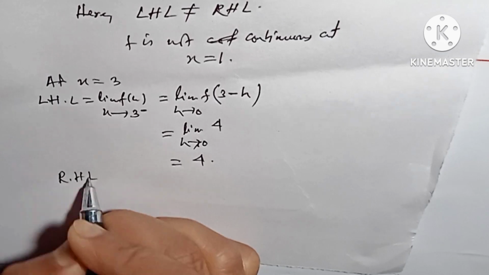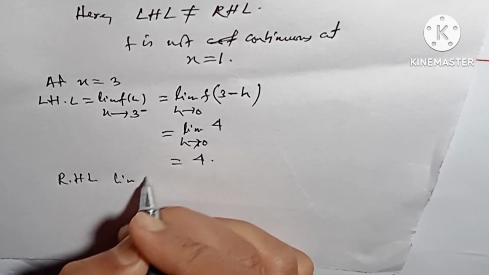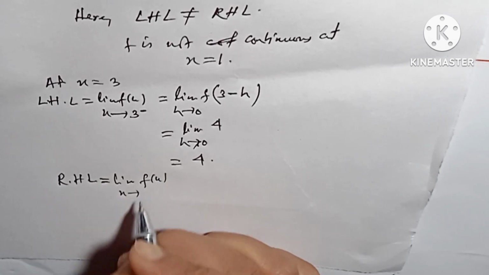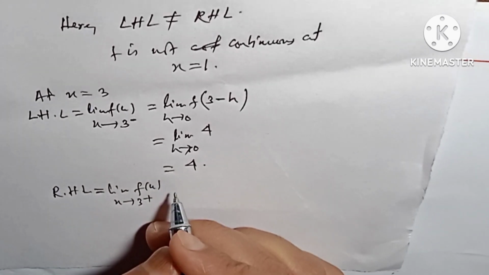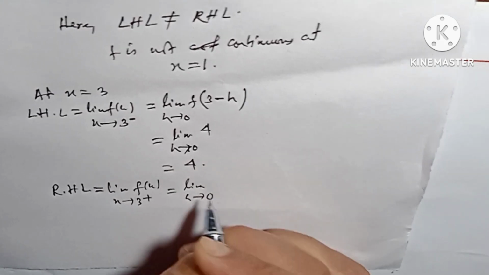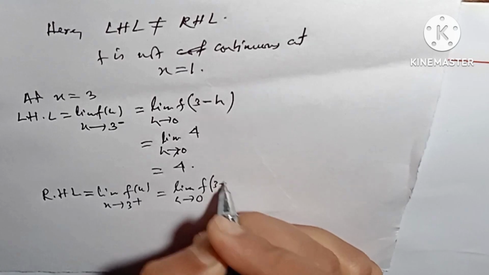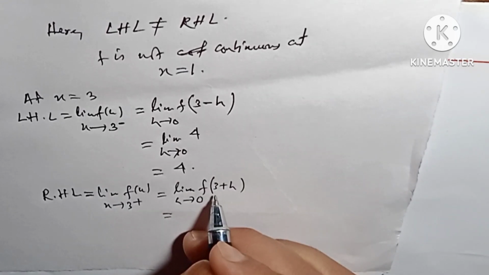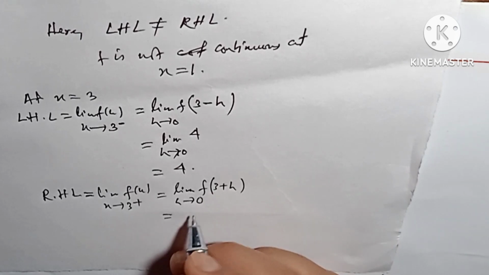Right hand limit of f of x as x tends to 3 from the right side, equal to limit h approaches 0 of f of 3 plus h, which is greater than 3. So greater than 3 is equal to 5.